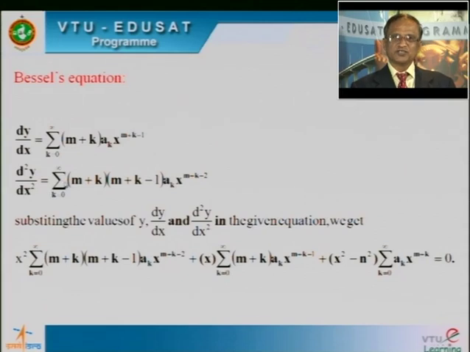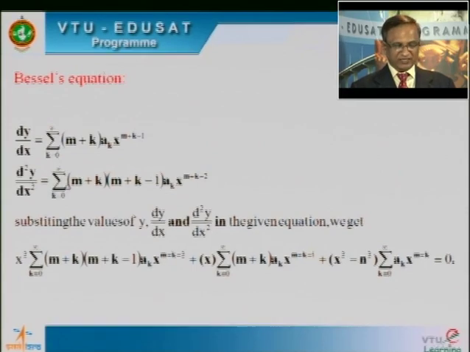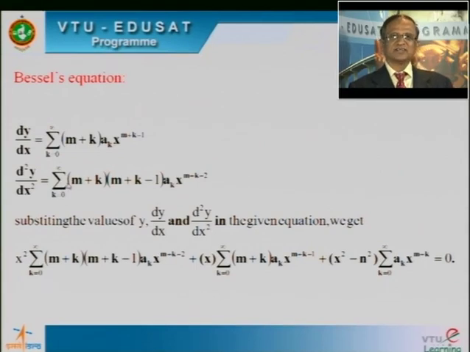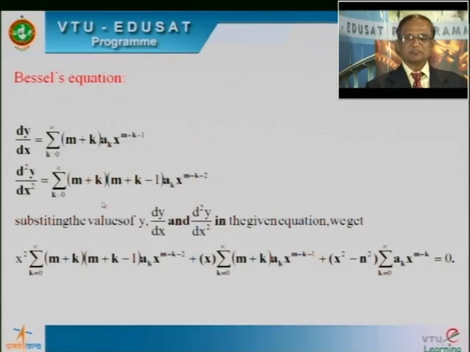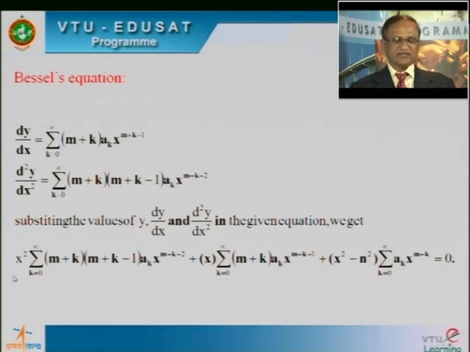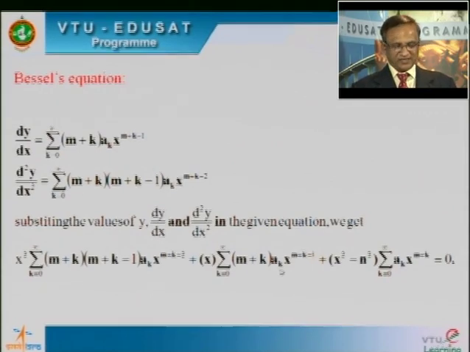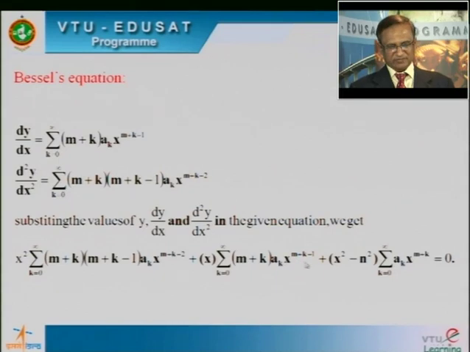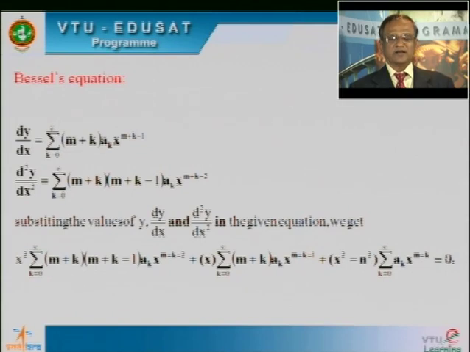Now I want to substitute the values of y, dy by dx and d square y upon dx square in the given differential equation, that is, Bessel's equation. You will get x square into the value of d square y upon dx square, simply replacing this right hand side value, plus x into the value of dy by dx, summation of m plus k ak x to the power m plus k minus 1, plus x square minus n square into the value of y.